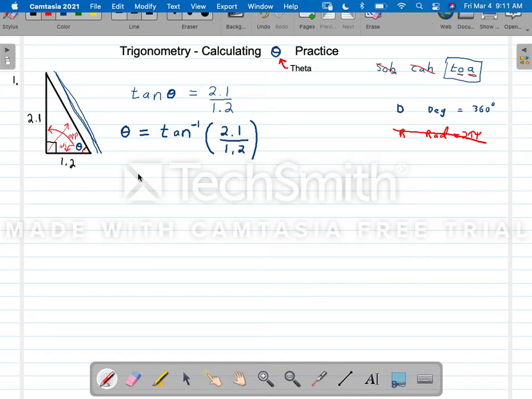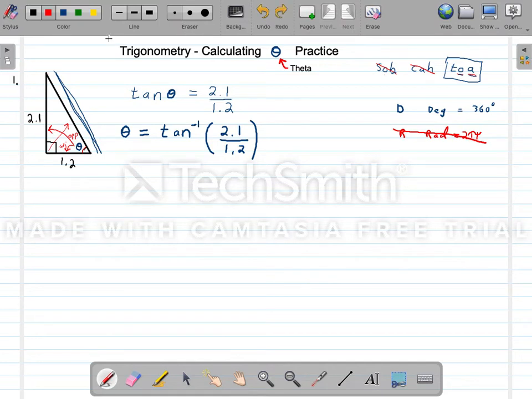So you can grab your calculator, and depending on your calculator, you're either going to do 2.1 divided by 1.2 equals, and then press your tan inverse button, or press your tan inverse button and then put in these values, okay? So make sure you're familiar with the calculator you're going to be using and you know how to do it. So when you put that into your calculator, what do you get as your answer?